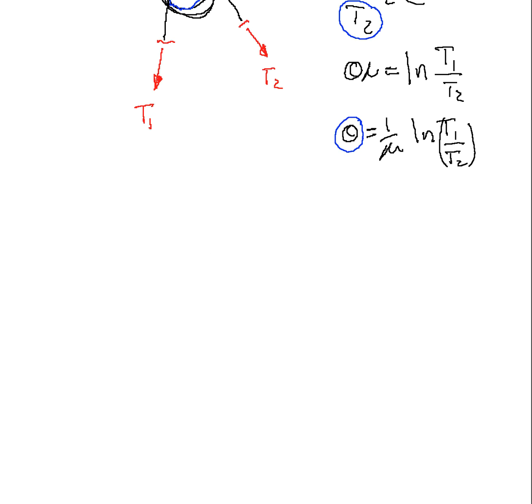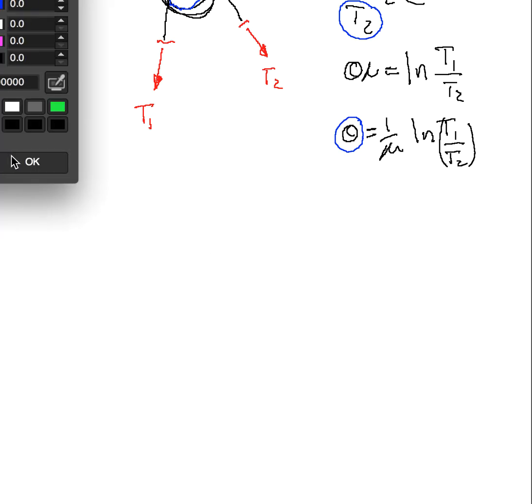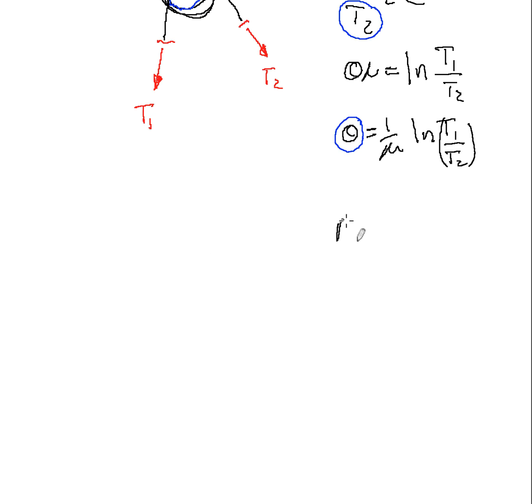And then we want to find the n. So the n, we want to turn that into revolutions. We know that 1 rev is equal to 2 pi, and we use that with theta to get our value.